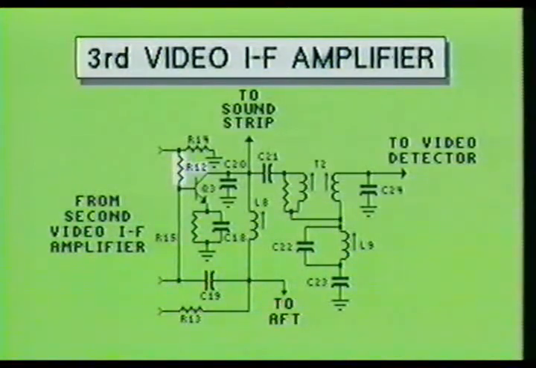Once the IF sound carrier is coupled into the third video IF amplifier stage, resistor R12 limits the signal passed to transistor Q3. Transistor Q3 provides the last step of video IF amplification to the intermediate sound carrier. The IF sound carrier is taken off the collector of transistor Q3 and passed into the sound strip of the television receiver.